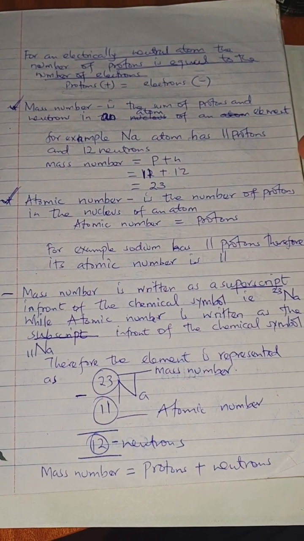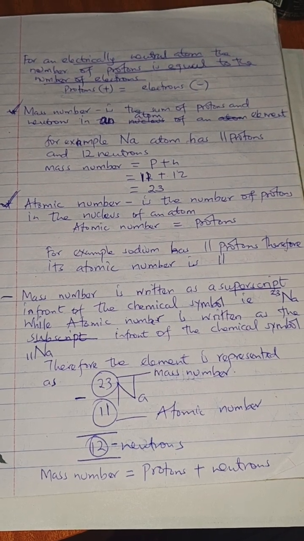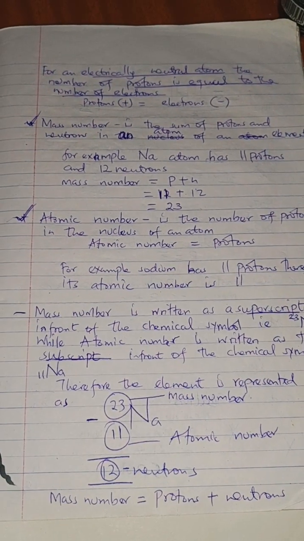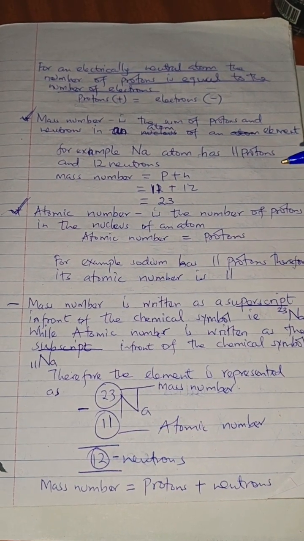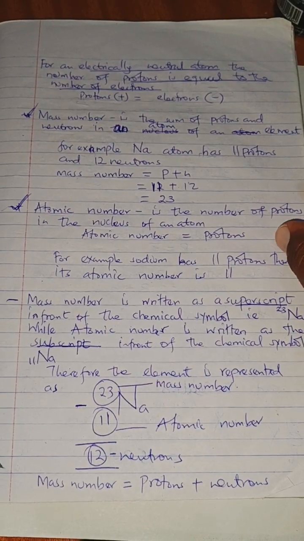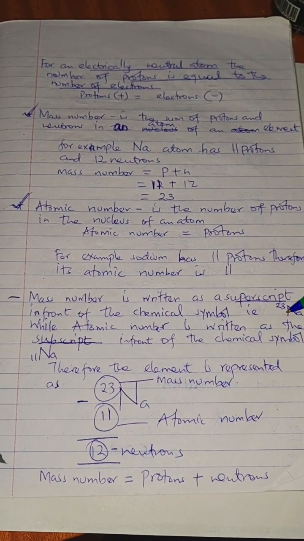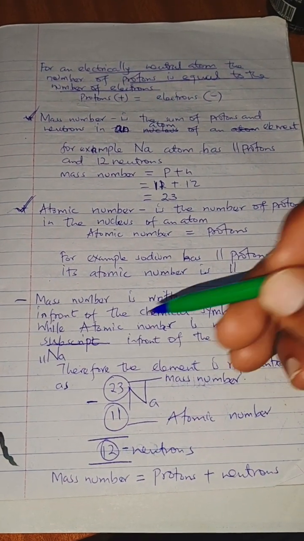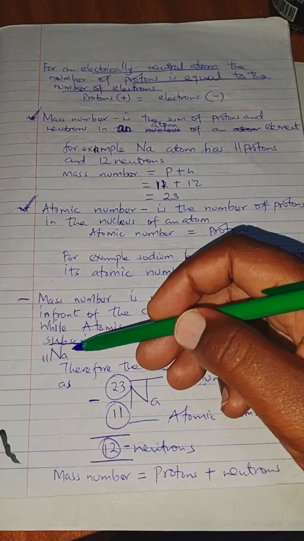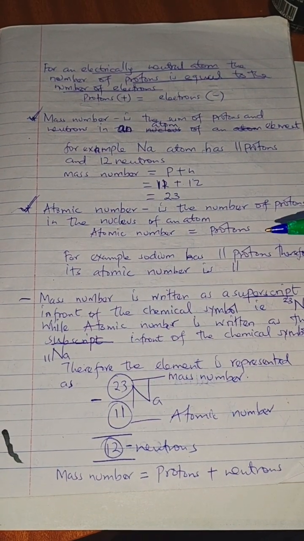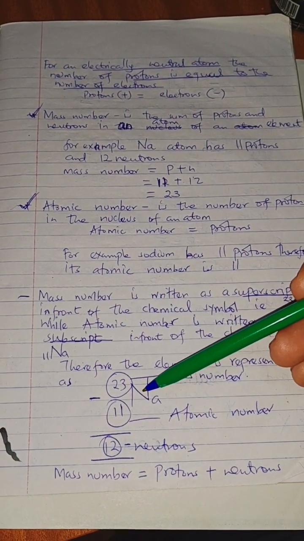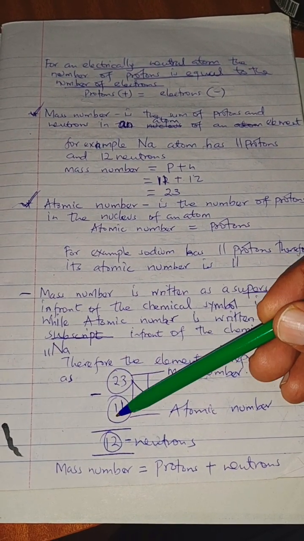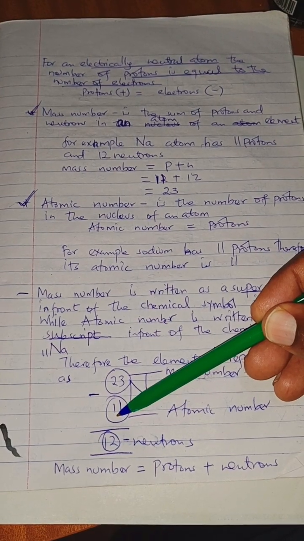For sodium, the mass number is 23, and it is written in front of the chemical symbol as a superscript. Sodium has 11 protons, so the atomic number is 11, written in front of the chemical symbol as a subscript.